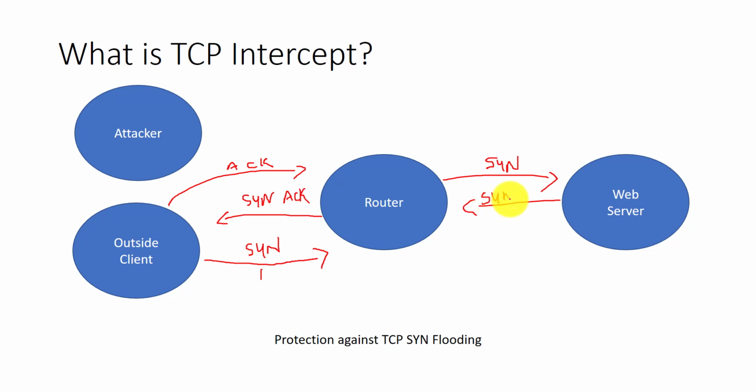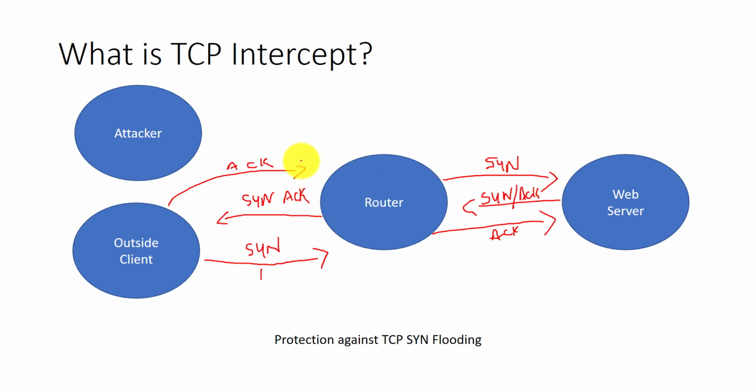So SYN ACK, and then that acknowledges it there. Basically the router has verified that this is a legitimate session before establishing a connection with the web server. So you're now protecting this web server from SYN flood attacks.